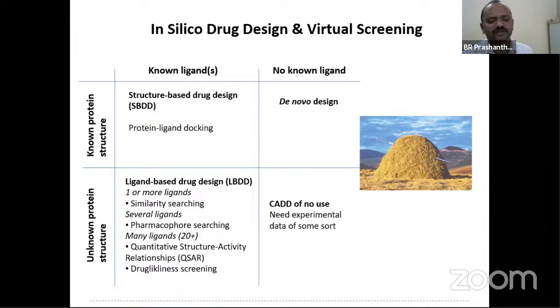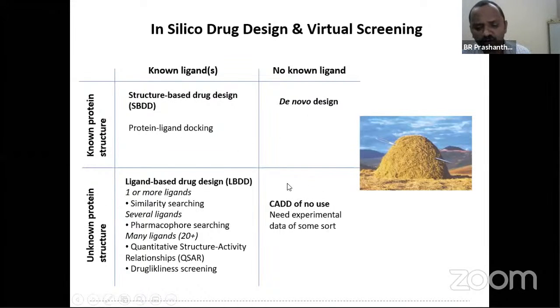Next, if you have no ligand and no protein structure, in normal circumstances CADD is of no use, because CADD needs some kind of input data so that you can come out with output data.